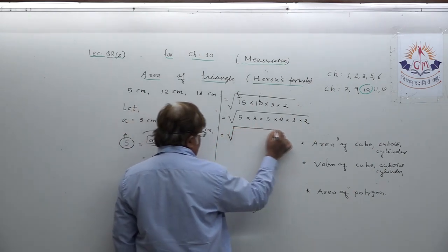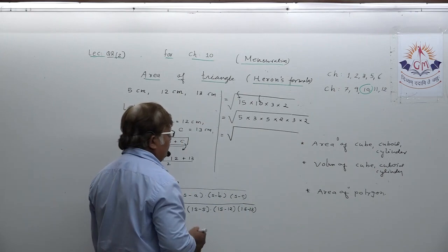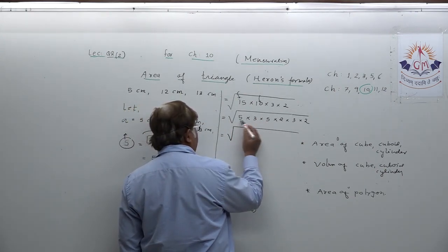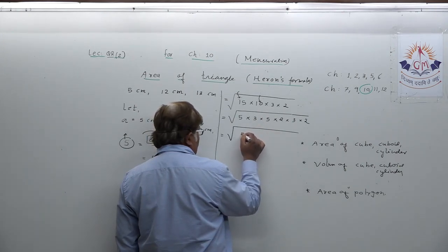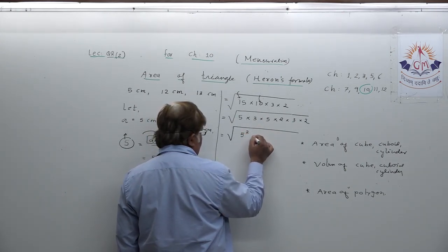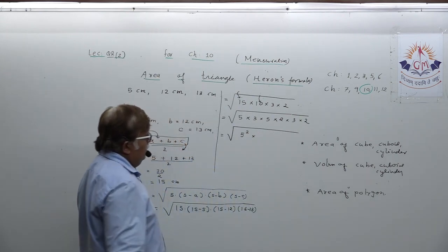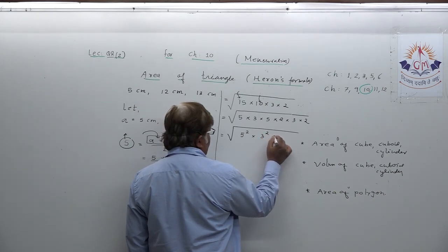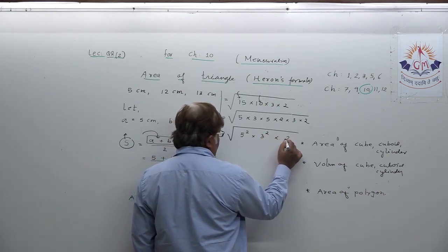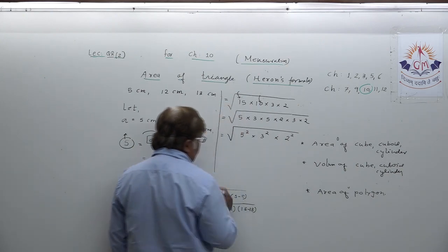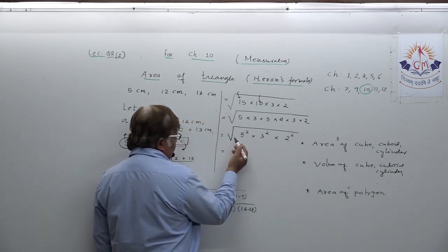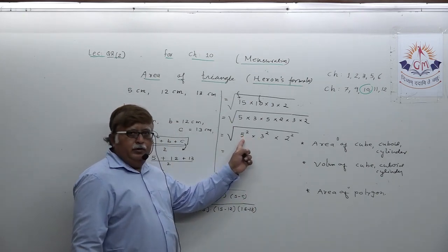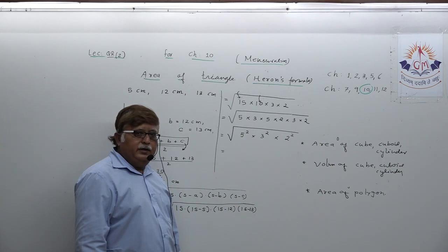Now just again in square. How many times 5 appears here? Twice. So you can write 5 square. How many times 3 appears? Twice. You can write 3 square. 2 also appears twice. That means 2 square. And now dear student, you all know very well, here you have written the square of each and every number.